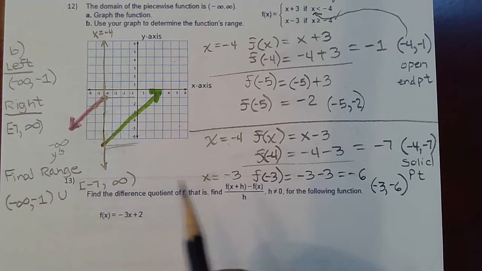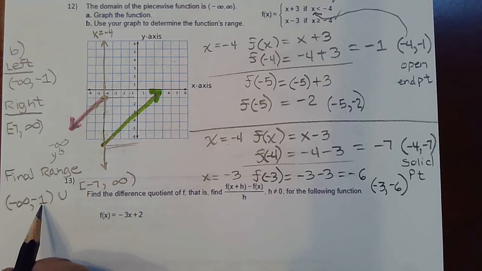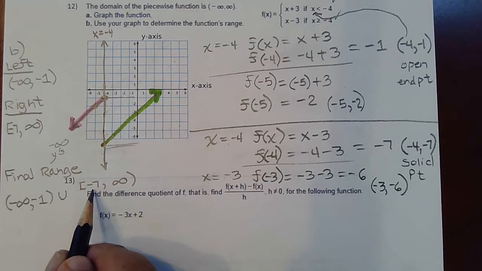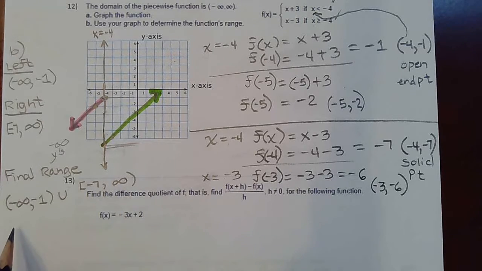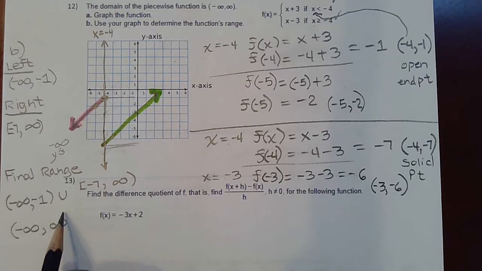So when you put all of these together, these would be all the numbers up to -1. And then these would be the numbers from -7 to infinity. So this would be from -infinity to infinity.